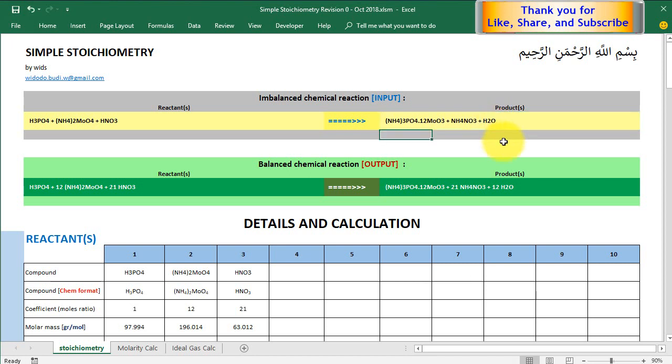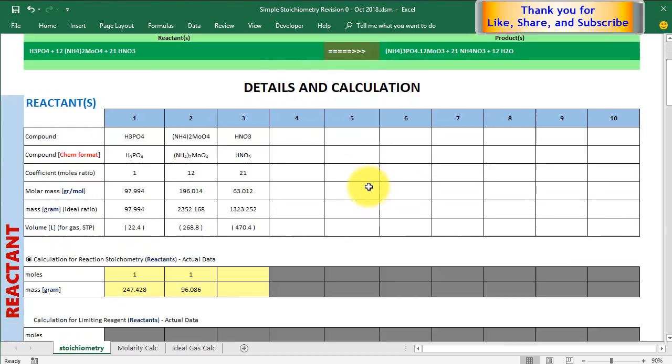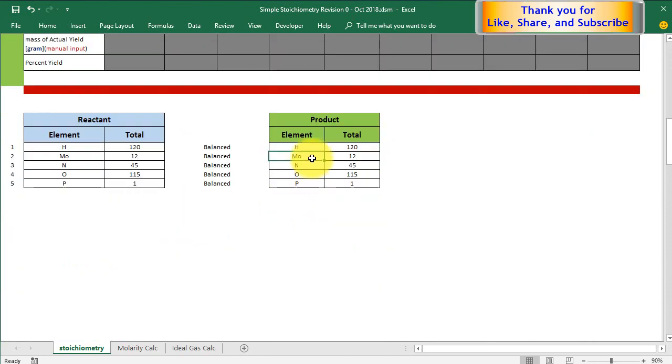Right? But if the number is in this format, dot 12 MoO3, this means the Mo is 12 in the product. You can see here, it is calculated.